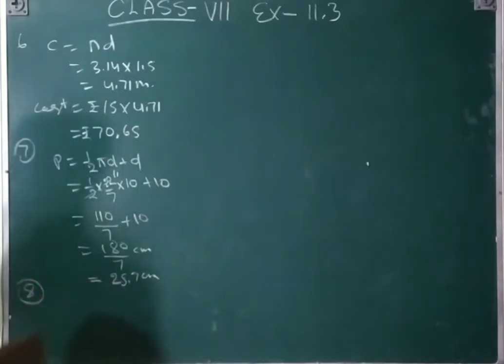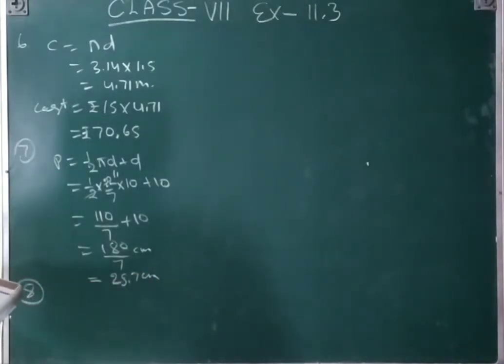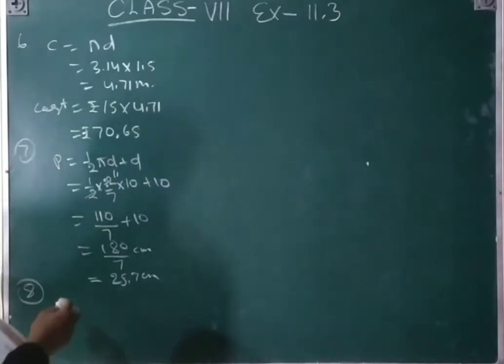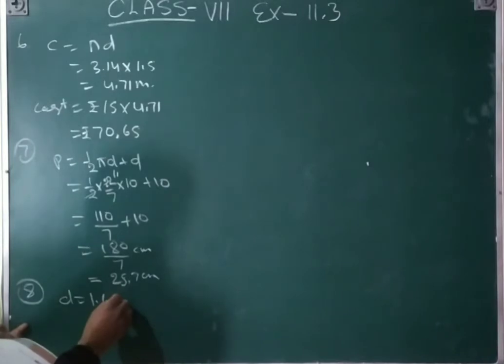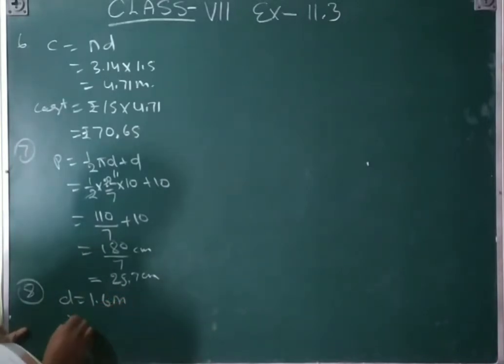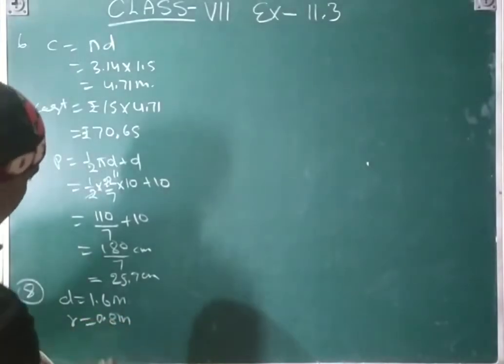Eighth question is to find the cost of the polishing of a circular tabletop of the given diameter. So the diameter is given here. First of all we will find the radius, because we are finding the area. So radius is equal to 0.8 meter.